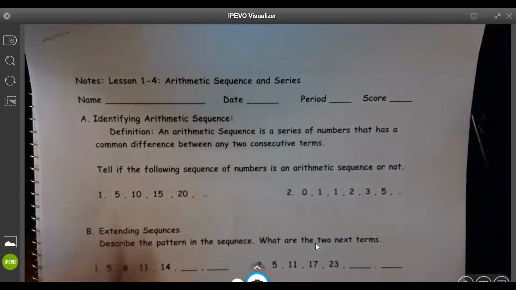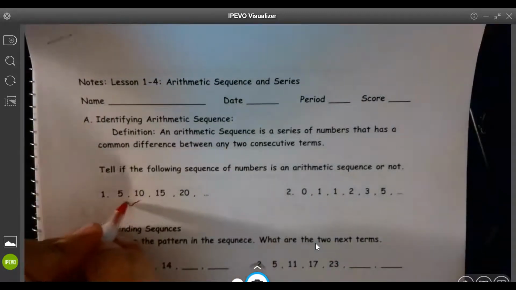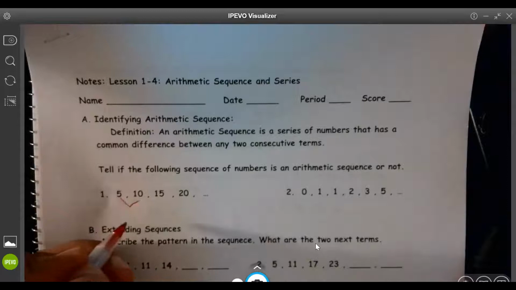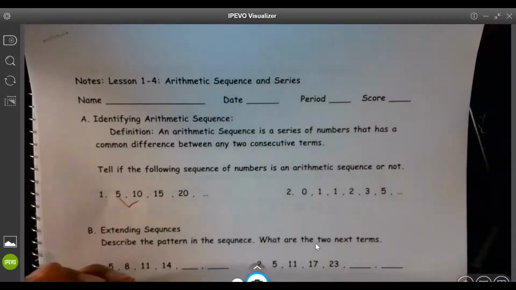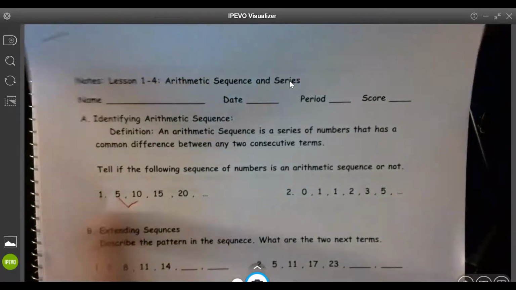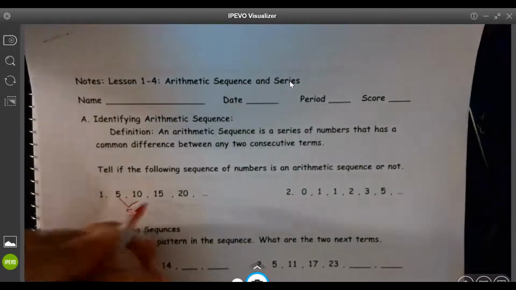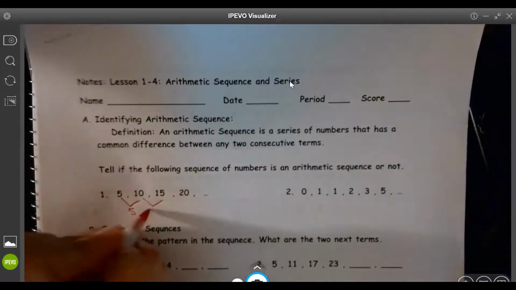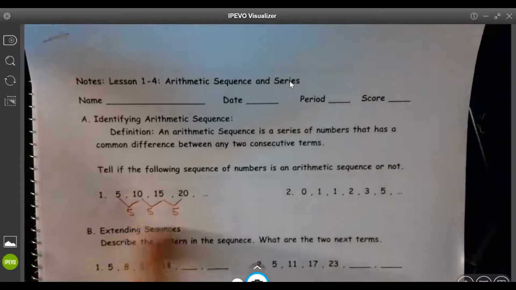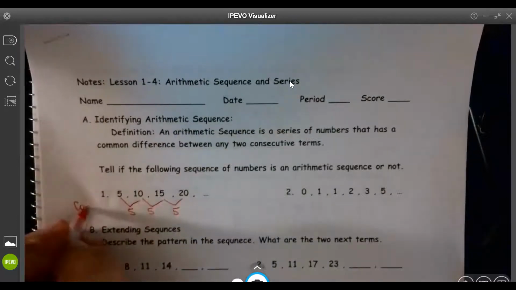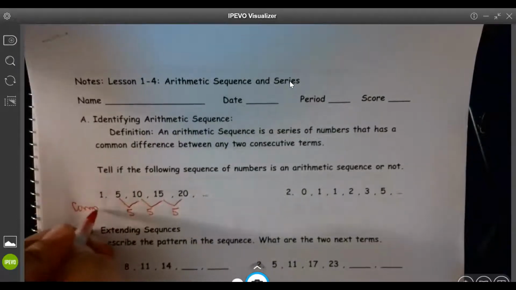So all you need to do is subtract any two consecutive terms. Consecutive means next to each other. So this one will be 10 minus 5 is 5. 15 minus 10 is 5. 20 minus 15 is 5. So this is your common difference.